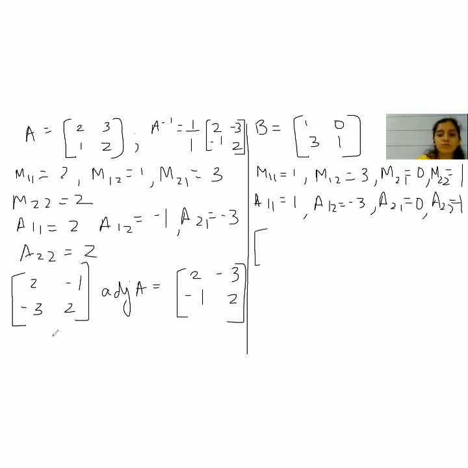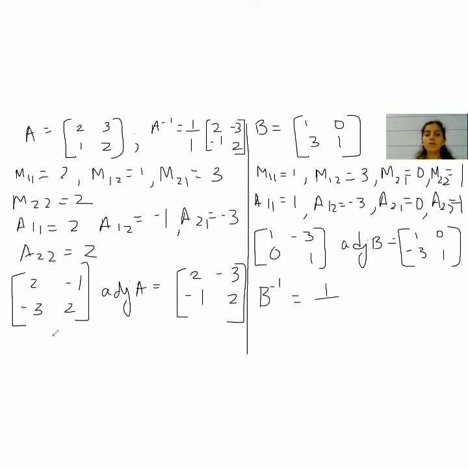So your matrix of cofactors will be 1, minus 3, 0 and 1. Adjoint of B will be reversing the rows and columns: 1 minus 3, 0 and 1. And the last step is B inverse is equal to 1 upon, what is the determinant of B now? 1 minus 0, that is 1, and 1, 0 minus 3 and 1.